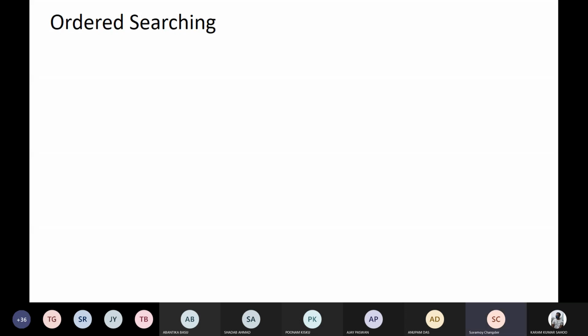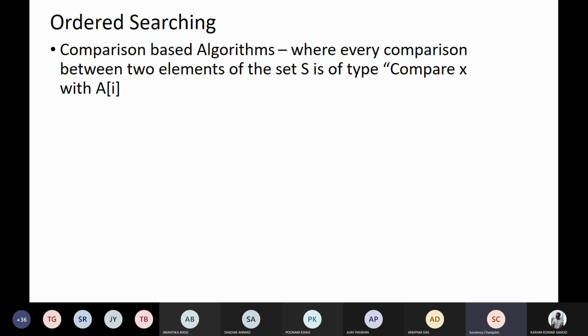Before going to sorting, let us first try to find the lower bound for ordered searching. Again, we are using the comparison based algorithm. Already you have defined that a comparison based algorithm is one where every comparison between two elements of the set is of type compare X with A_i. Think about any searching algorithm.